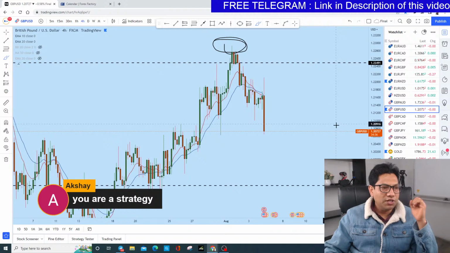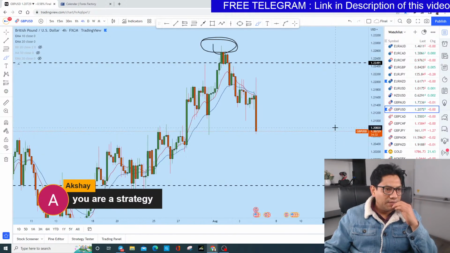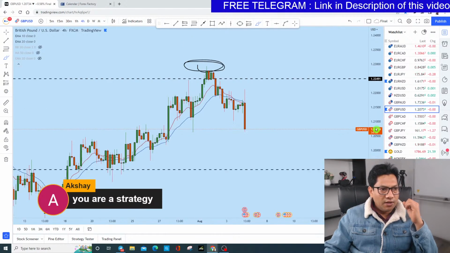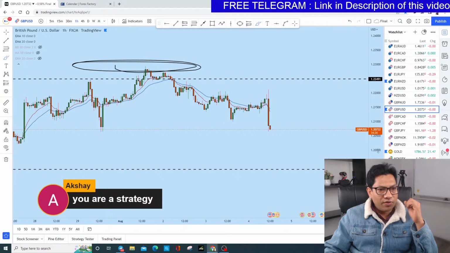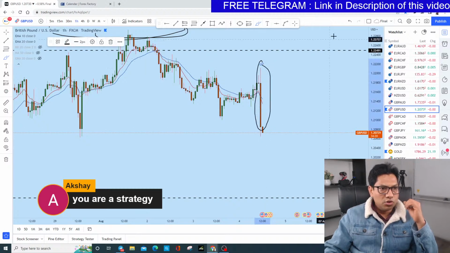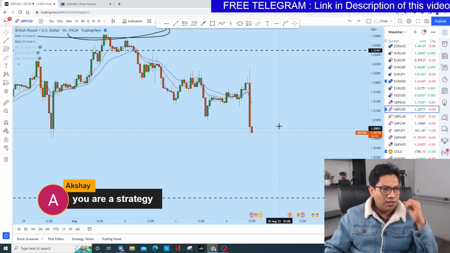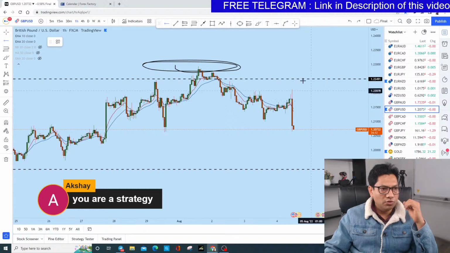So GBPUSD. If you look at a 1 hour time frame breakdown, this is the candle that has been created so far. I think the price might go to this level at some point, or it might even just drop from here on GBPUSD, from this zone.